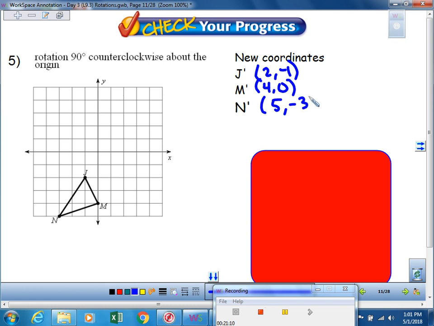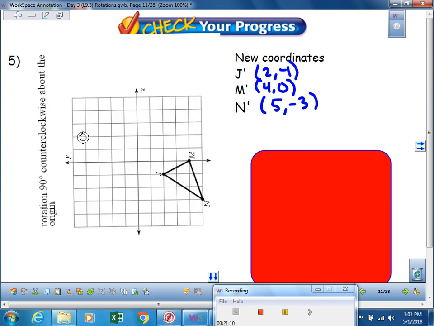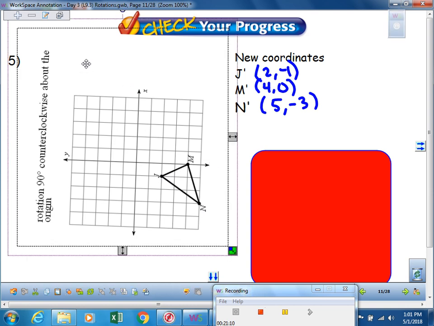All right, so let's look. If I rotate this 90 degrees counterclockwise, M is at (4, 0), J is (2, -1), and N is (5, -3). That is correct. What quadrant am I in? Quadrant 4.